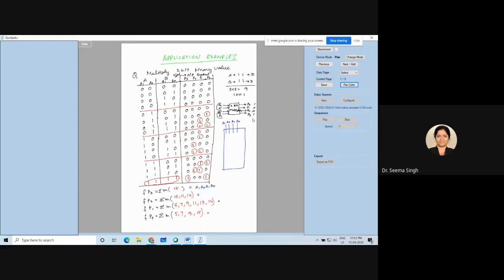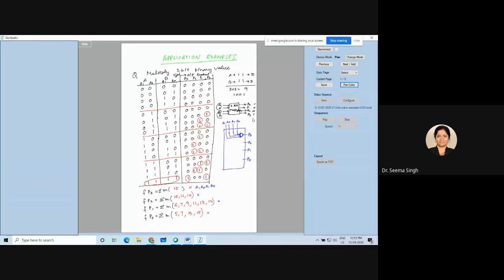P3 will be an AND gate, and the output will be seen like this, and all are entering here. So in the same way you will have to make the circuit for P2, P1 and P0.